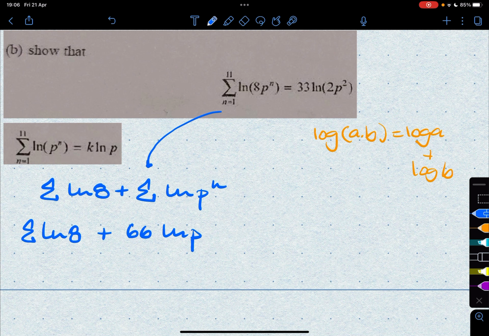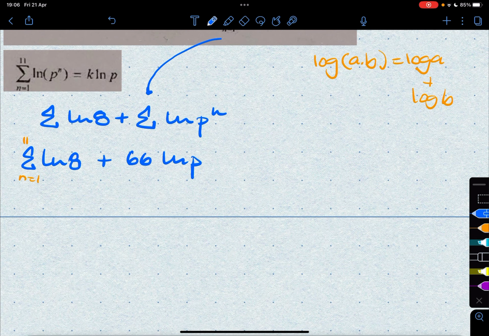And the summation here is for n equals 1 to 11. Now notice log 8 is a constant, and you're adding it to itself 11 times. So that's the same as saying 11 times log 8. So that's just 11 times ln 8, and then you're adding 66 log p.